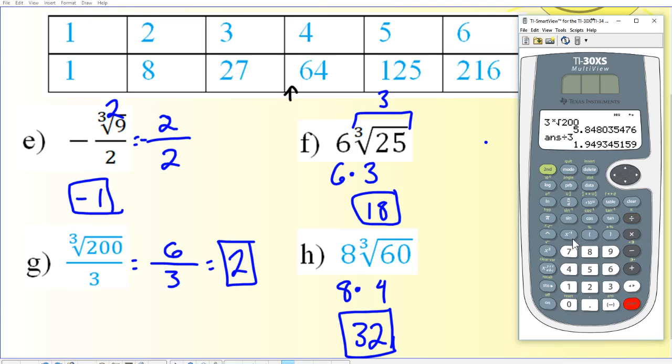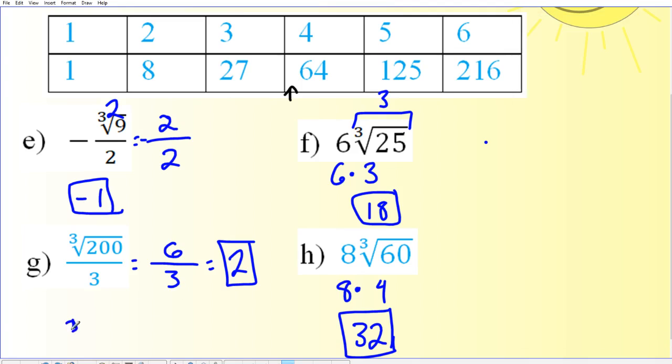If you did it the other way, and you did 3 second caret 200 divided by 3, it happens to give us the right answer, but I could imagine it wouldn't. I could imagine the calculator trying to do this, 200 divided by 3 like that, and giving us a wrong answer.